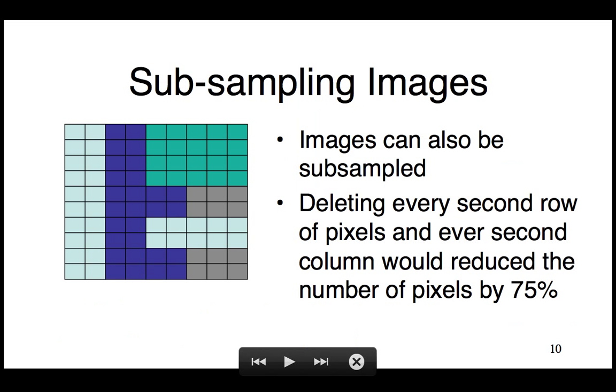We can do the same for images. Let's say this here is a portion of an image, and these are the pixels. We could throw away every second row and every second column, which would leave us with 25% of the information that was there before.